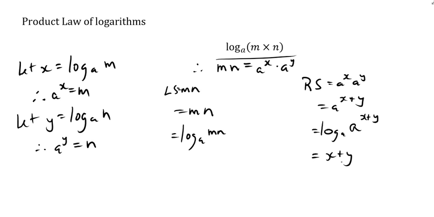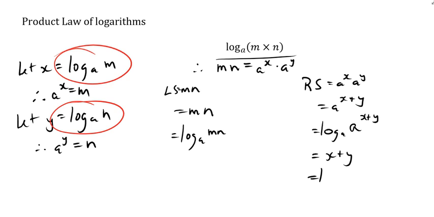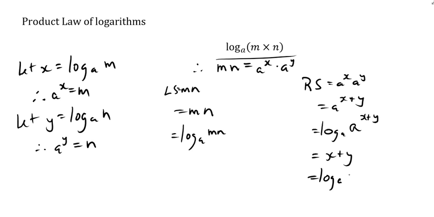So log base a of a to some exponent equals the exponent. So what do we have? We have log base a of m times n, that was the original thing, equals x plus y. But what is x and y? This is from over here, right? That's what we let them represent. So log base a of m plus y, which is log base a of n.